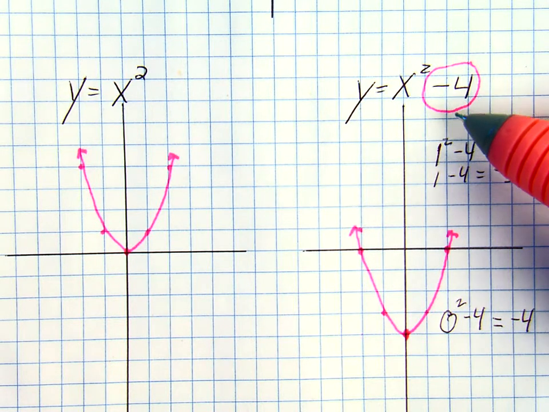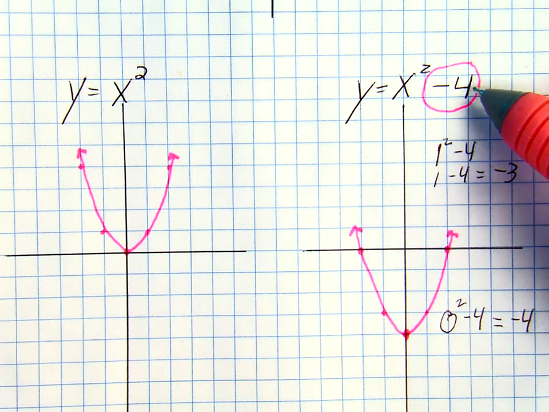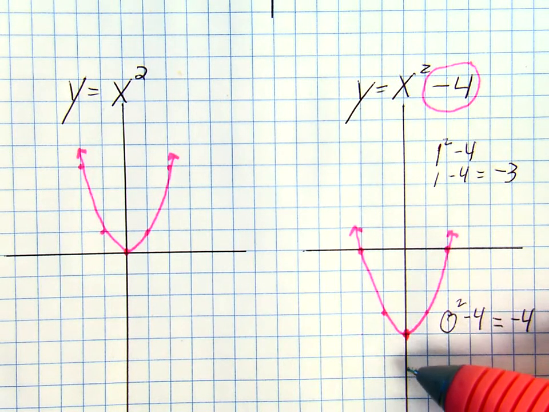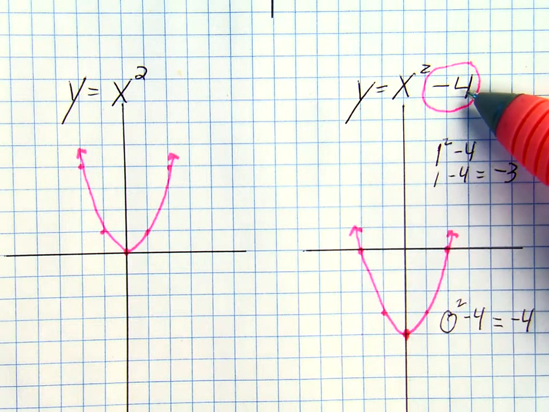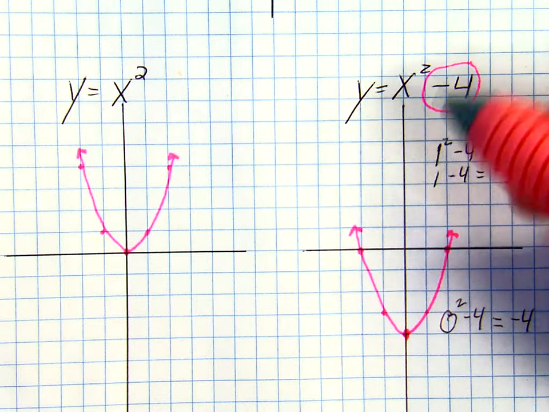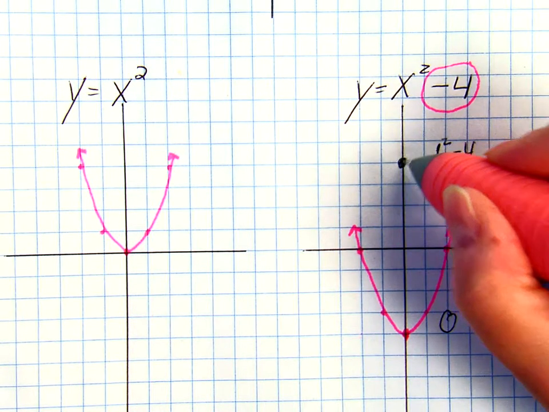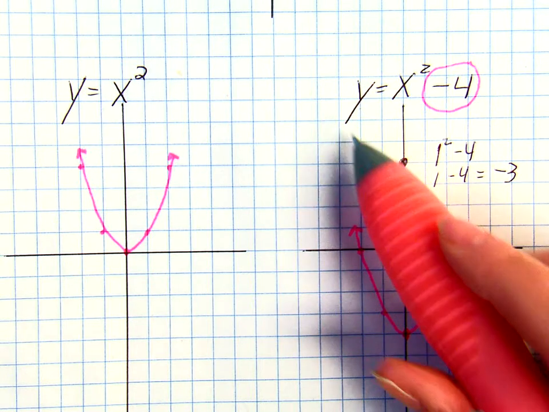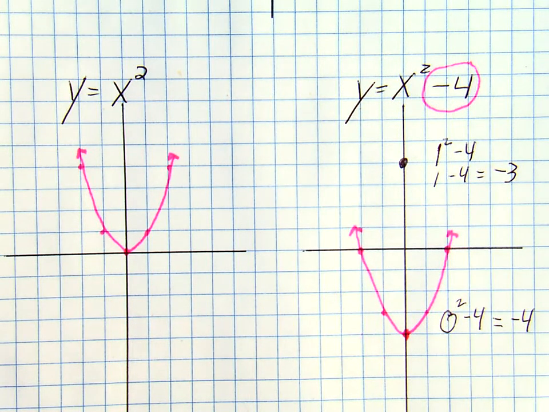So when we have a c, we move the vertex down or up. If this was a +4, I would be moving it up 4 spaces, and my vertex would be at this point and opening upward. So these are just the very basics.